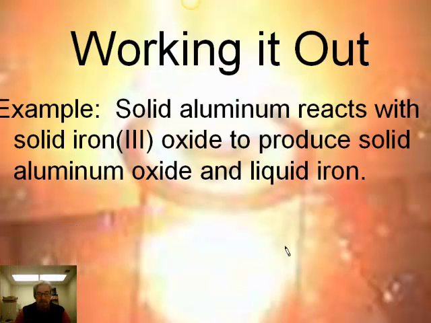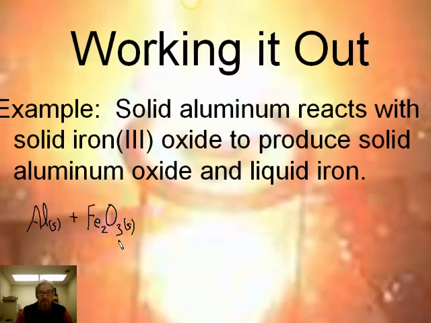Okay, we're starting out with solid aluminum. Aluminum is just a metal, and it's not diatomic, so it's just Al. And then an (s) indicates that it's solid. Reacts with, there's a plus sign. Solid iron(III) oxide. Well, iron(III) means 3 plus. Oxygen is a 2 minus, so when we charge swap, it's Fe2O3, and it says that's solid.